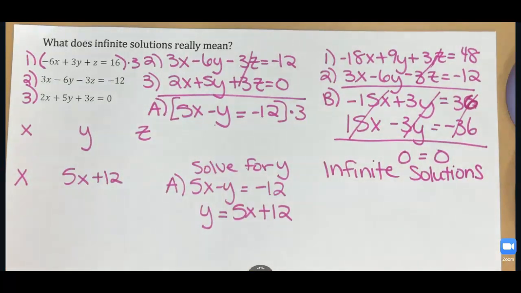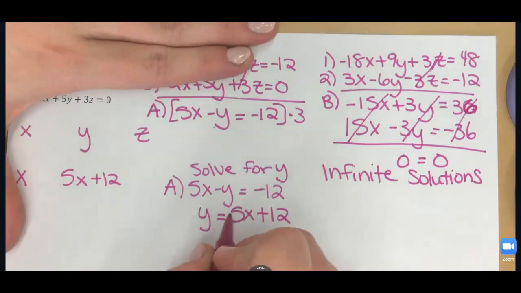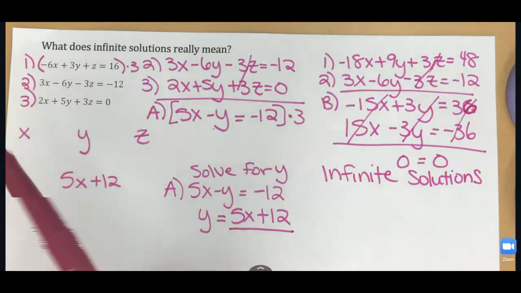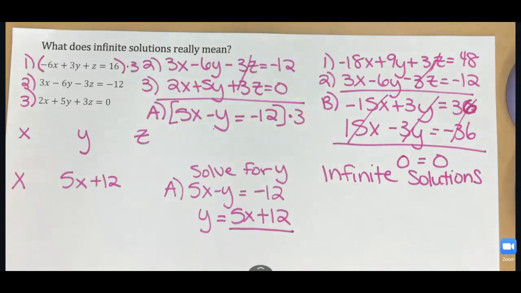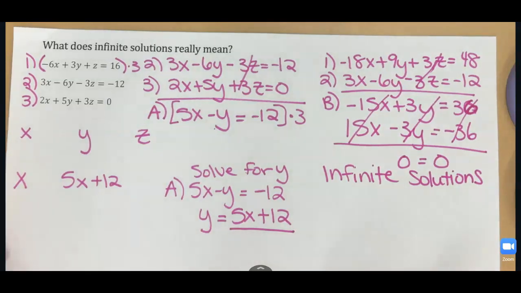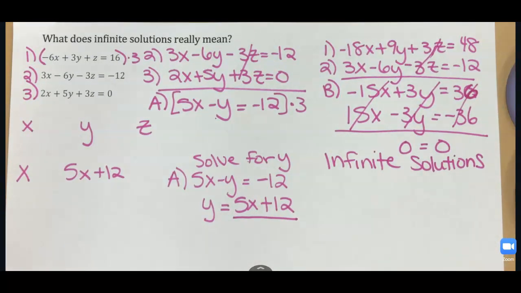And now what I still need to find is z. So what I'm going to do is substitute this expression for y into equations 1, 2, or 3 and get z by itself. Again, you can do this for any equation. I'm going to go with equation 1, but you could do it with equation 2 or 3 and still get the same answer.